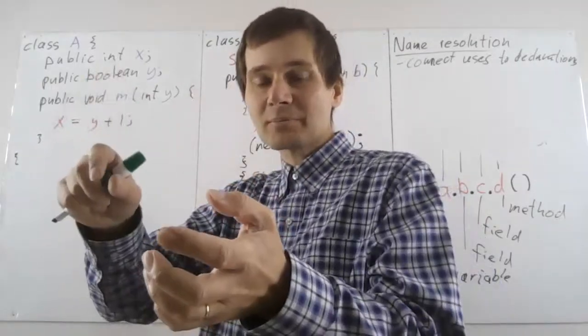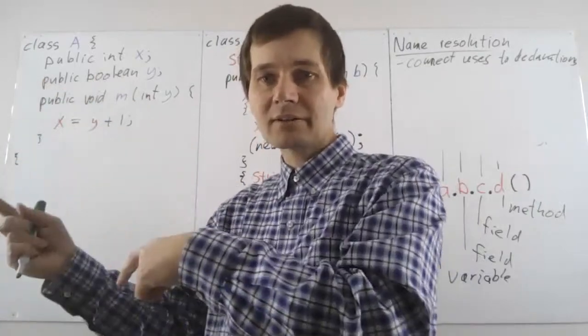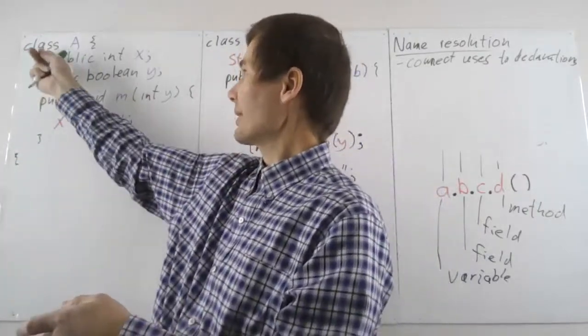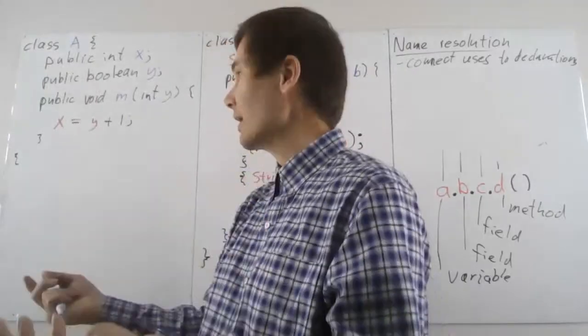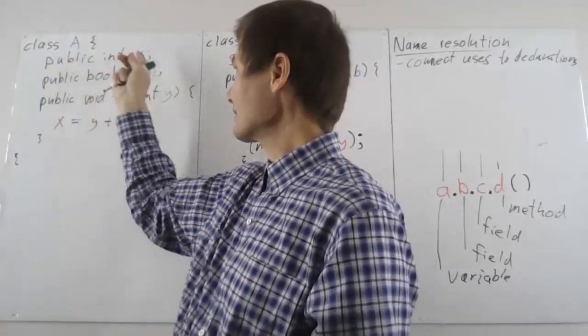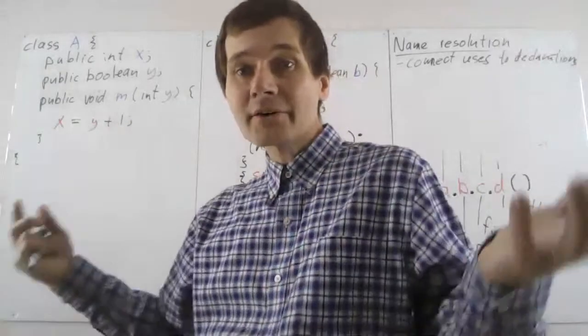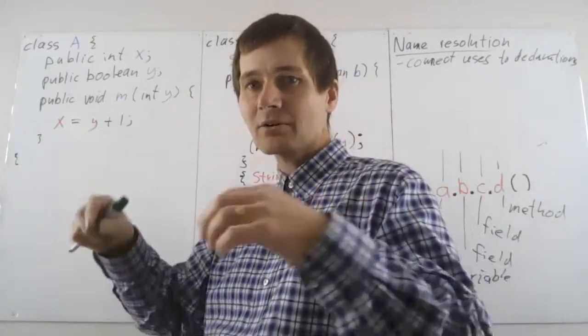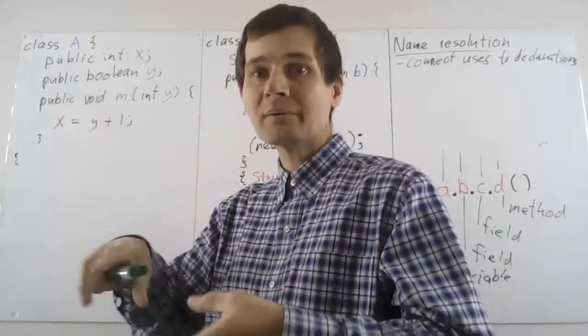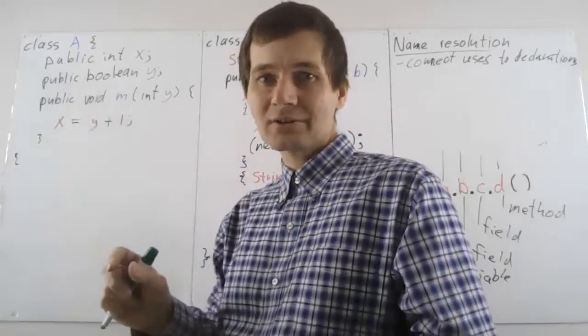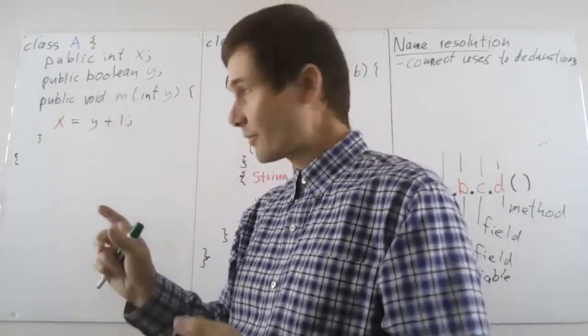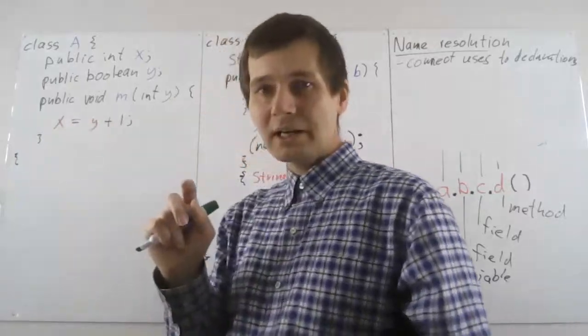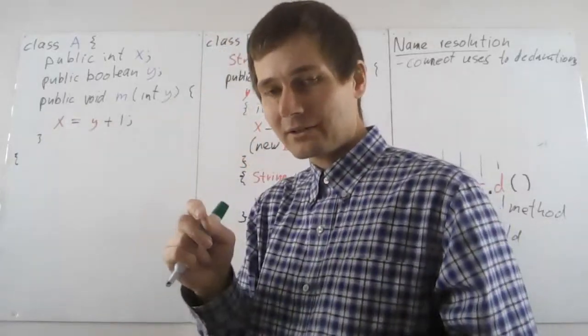And some of those places in the grammar are declarations, like right after you create a class, or when you're declaring a field, and others are uses. And so you have to look at your grammar and decide which things are really uses, and then for each use, your compiler is going to have to link it to the right declaration.